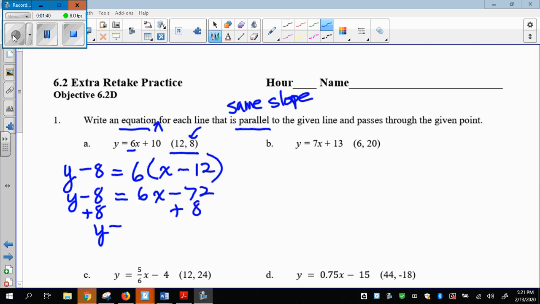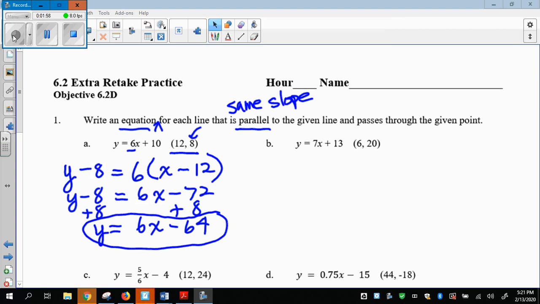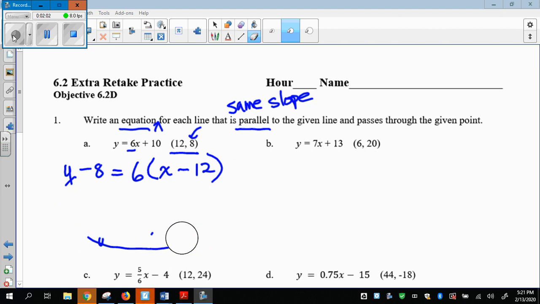And so quickly we get y equals 6x minus 64. And now it's in slope-intercept form. And some people like that more elegant form anyway. It's up to you, but you could have just left it in the original form that I did there, point slope form, since all it said was write an equation.